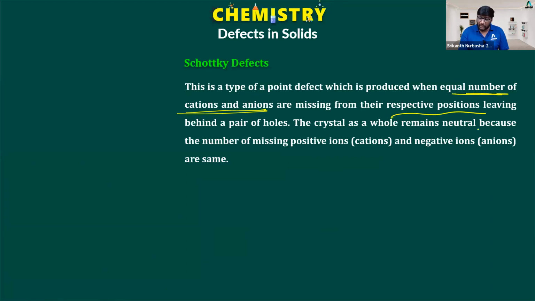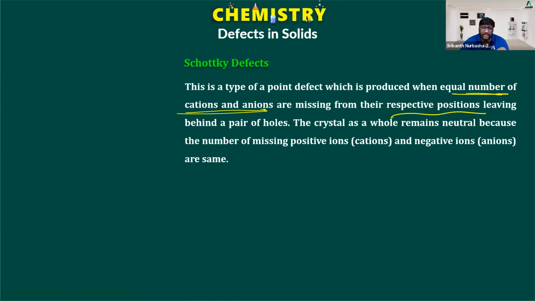The crystal as a whole remains neutral because the number of missing cations and anions is the same, so electrical neutrality is maintained.